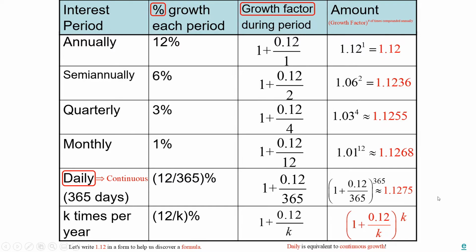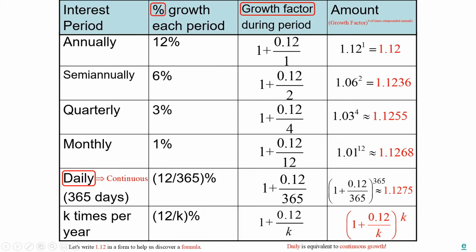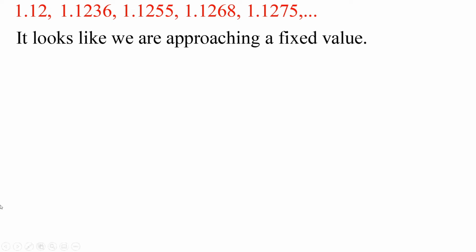Very cool. All right, and look at those numbers again. Our 1.12, our 1.1236, and so on. Those numbers are right up here in red. And again, it looks like we are approaching a fixed value. Do you agree? We're getting closer and closer and closer to that, like we're at 1.1275 right now. So let's find it. Now, we're not going to do this numerically.